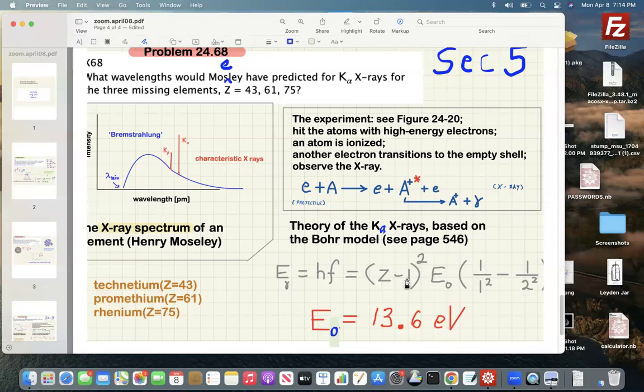So what we should really use is the charge of the nucleus minus that electron which was ionized. So (Z minus 1) squared times 13.6 electron volts, that's the ground state energy, the binding energy of an electron in a hydrogen atom.